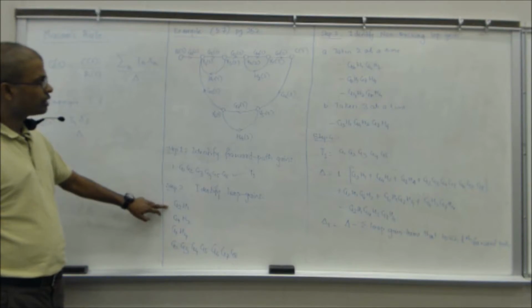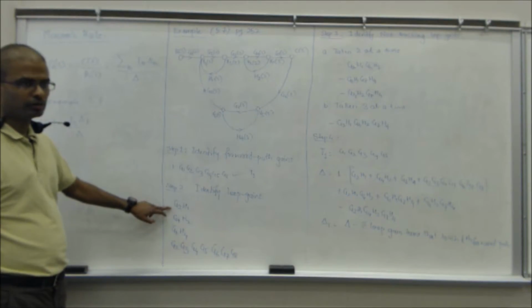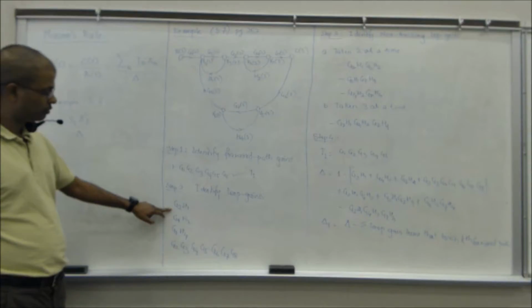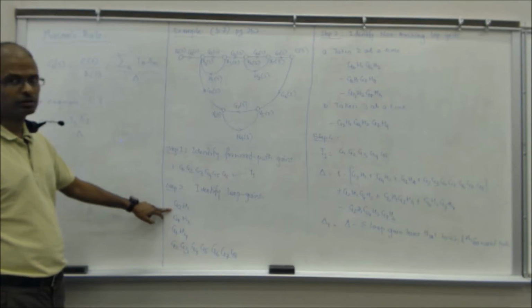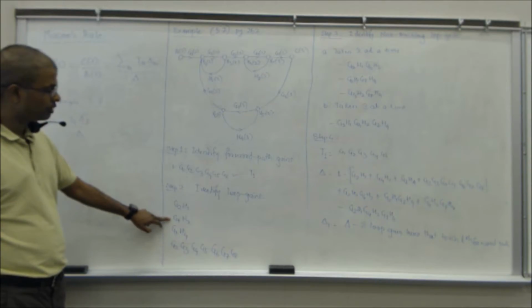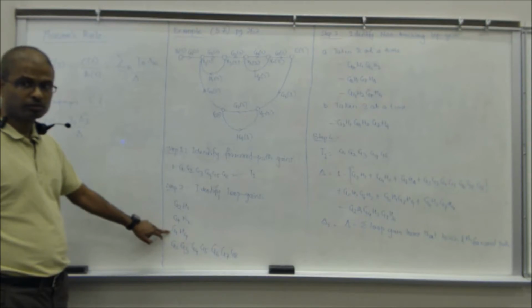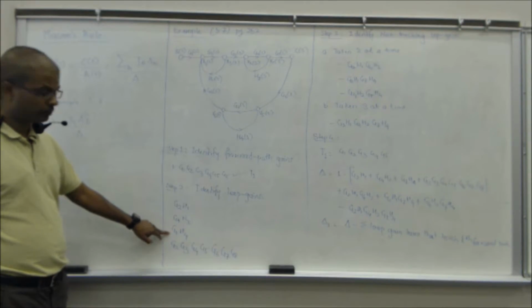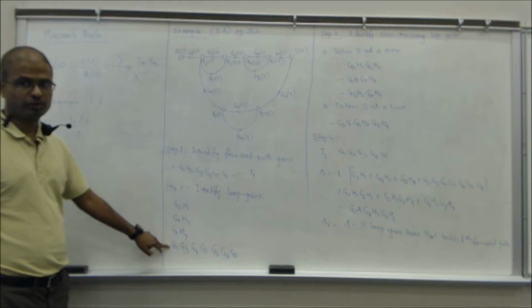How many of these are touching the forward path K? Not all of them. This is touching. This is touching. This one is not touching the forward path. This one is touching the forward path.